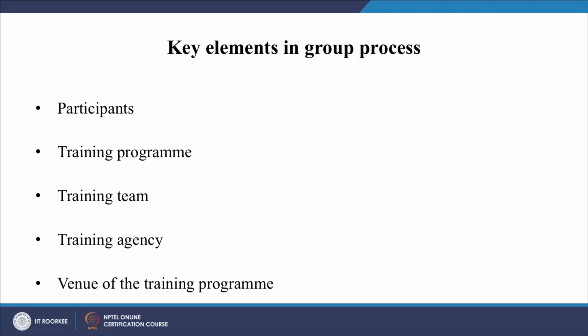Then definitely they will be very thankful to the trainer, and they will say, yes, this trainer is very positive, very helpful and very prompt. So in that case, this type of training team and training agency helps all these elements, creates group dynamics, and makes the training more effective.